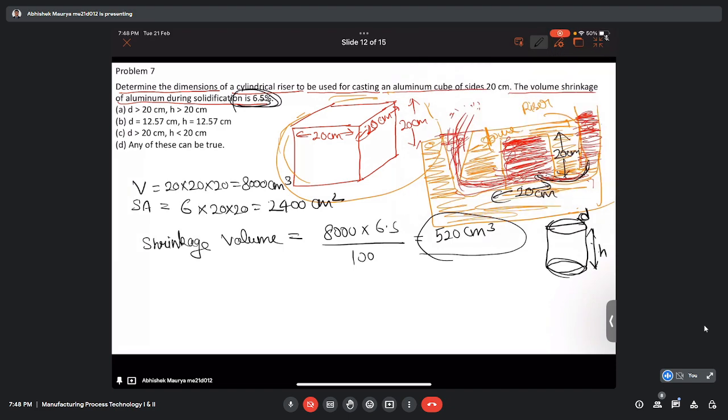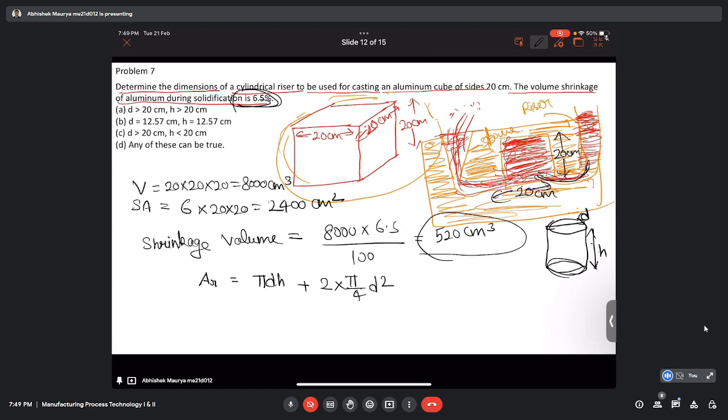Now we will try to calculate the total surface area of this cylindrical riser. So this is the area of the riser, that comes out to be pi d h plus 2 times pi by 4 d square.